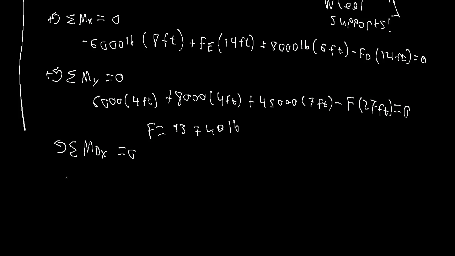Negative 8,000. So, our resulting moment equation is negative 8,000 pounds times 8 feet, minus 45,000 pounds. That's our force at A, and that's at 14 feet from D. 14 feet from the dx-axis.